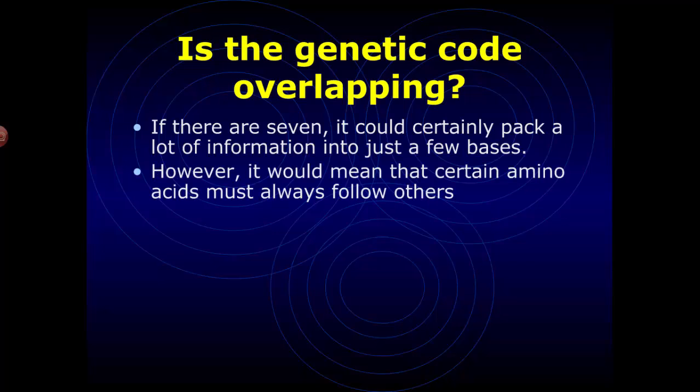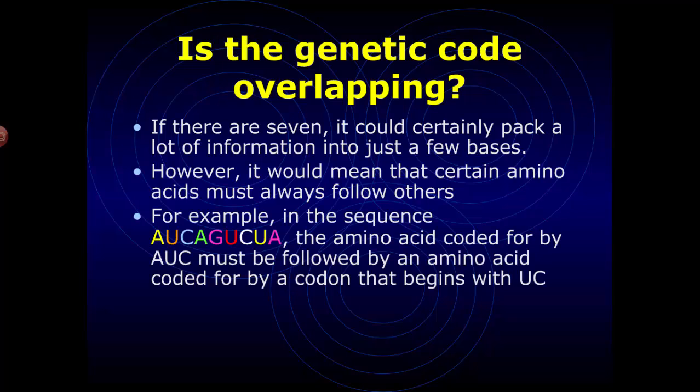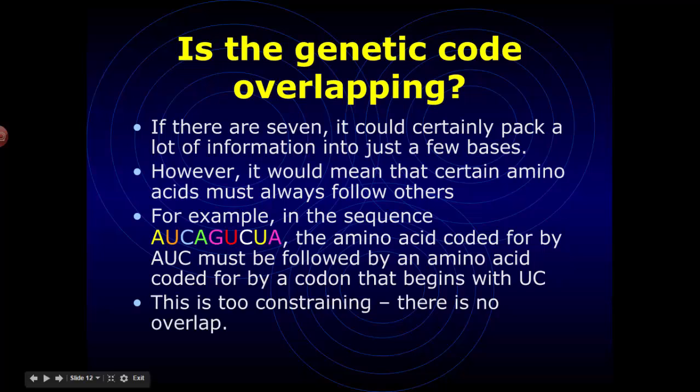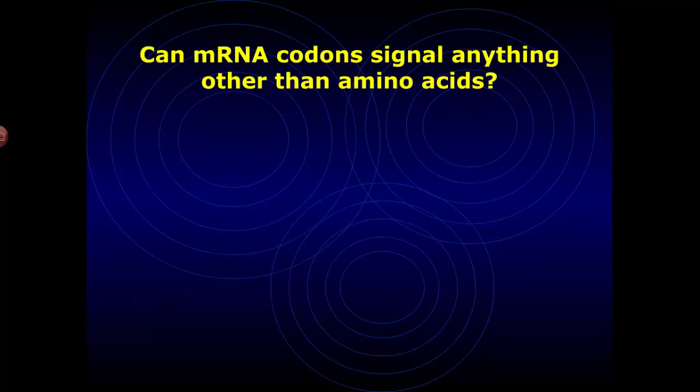The problem is you limit yourself, because if you do it that way, if that's the sequence, AUC, AGU, CUA, then the first amino acid, which is coded AUC, has to be followed by an amino acid whose first 2 letters are U and C. That limits the number of amino acids that you could possibly put into this protein. So it's too limiting. So that means there must not be any overlap. Every 3 letters individually code for 1 amino acid.